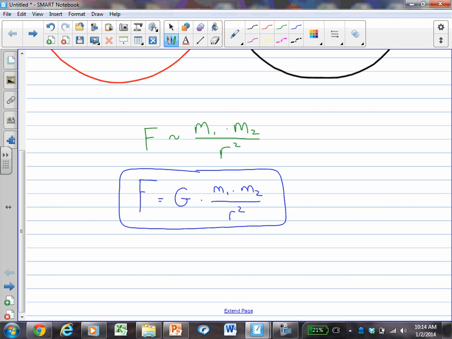That's an important formula because it allows you to calculate what the gravitational force is between two massive objects separated by a distance r from their centers of mass. Now this G is called the gravitational constant, okay? So big G is the gravitational constant. Now we don't know what that is yet.